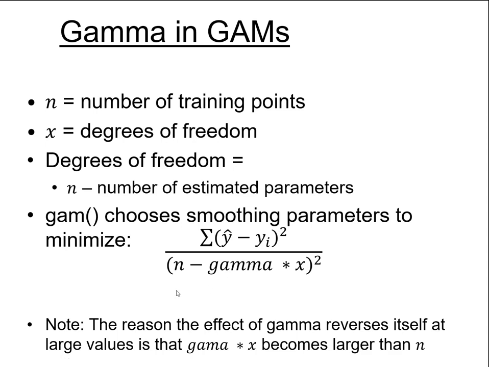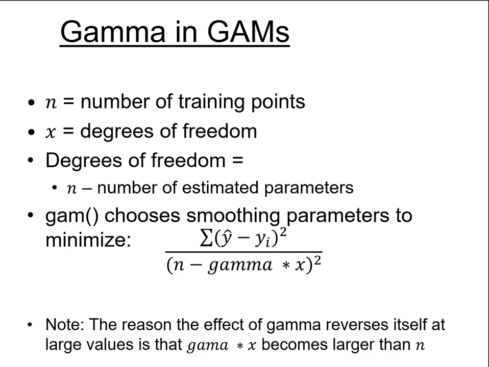Now, sometimes when you get really large values, the gamma will reverse itself, okay? So just know about that. It's a little bit of a strange thing within the math. And I think it's because of this negative down here. So when you get lots of degrees of freedom or large gammas, this goes negative and it does strange things.